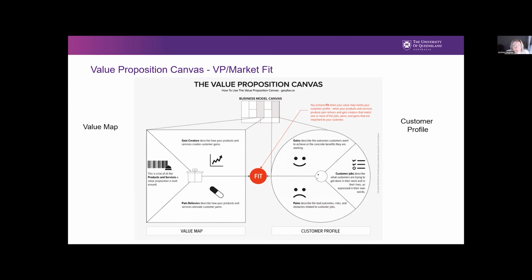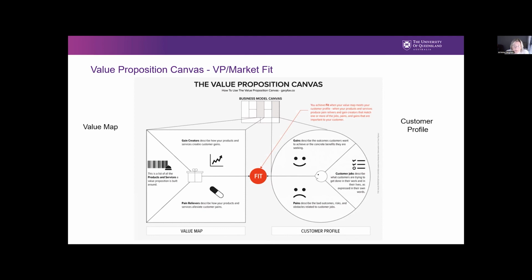On the value map, you're then trying to map back to those pains, gains and tasks. What are the possible pain relievers? So what are the things that your product might be able to create or support them to overcome the pains or obstacles they're experiencing? Similarly, with the gain creators, how are you going to leverage or enhance the opportunities that are there from the gains part of the customer profile?